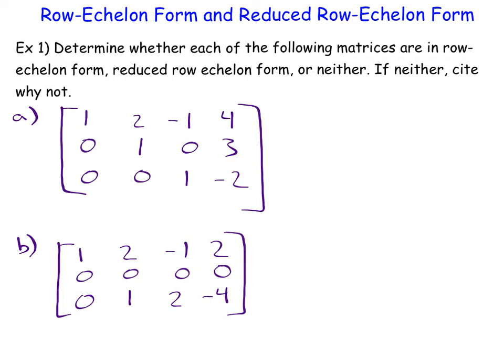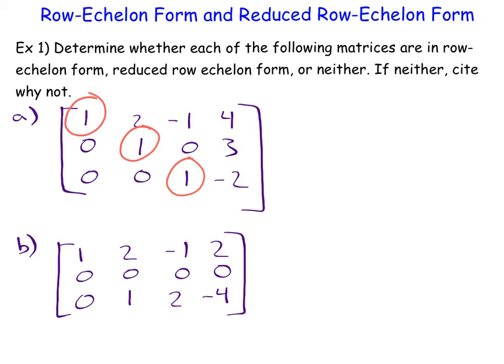There's no row of all zeros, so I'm not worried about that. We have a bunch of what we call leading ones. Notice how they form this diagonal, and every one that you go down is farther to the right. Or as the definition says, as you go up a row, the leading ones are farther to the left.